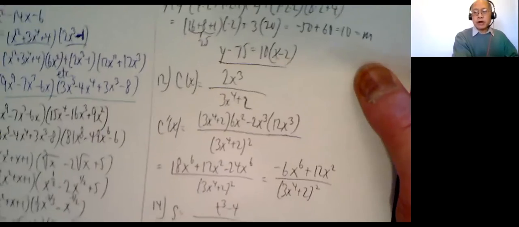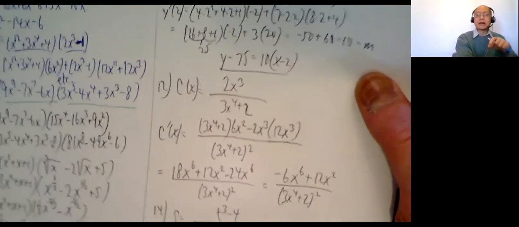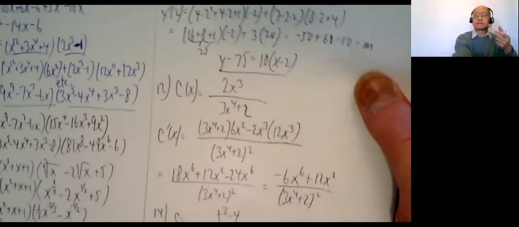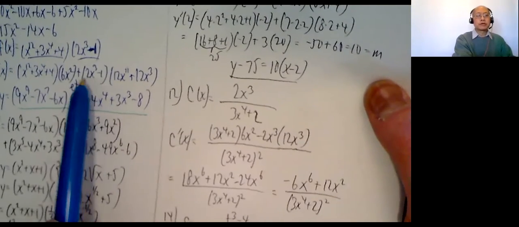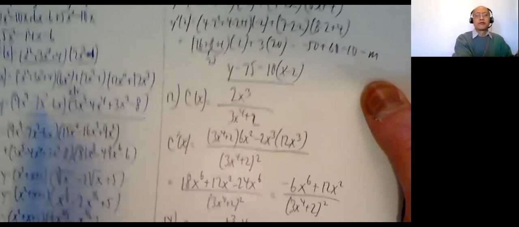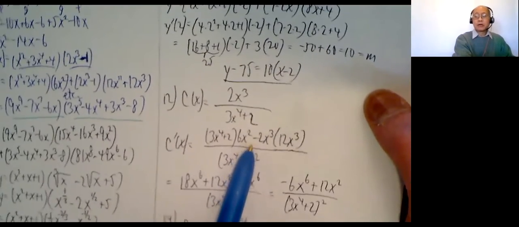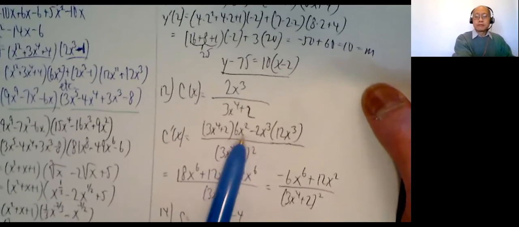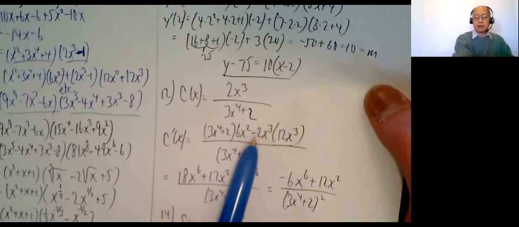So one nice thing about the product rule and the quotient rule is you do one function times the derivative of the other, and then you switch it around. For the product rule, the joining symbol was a plus. For the quotient rule, the joining symbol is a minus. Again, we're stating this without proof. If you were to take, let's say, the 110 math series, they might prove it to you.